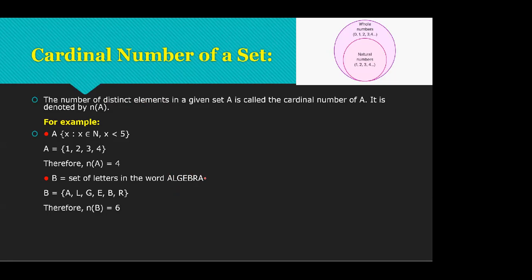If we look at the dictionary, distinct generally means different, right? But in a set, no two elements should be the same. That's how we define distinct in a set. So the elements in this set are A, L, G, E, B, R. And the cardinal number of set B is 6. Gets?